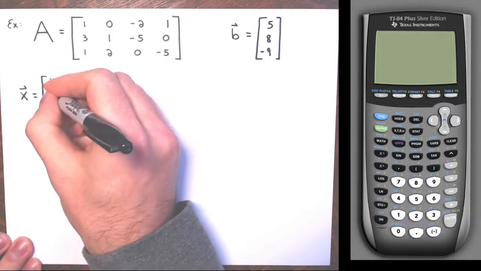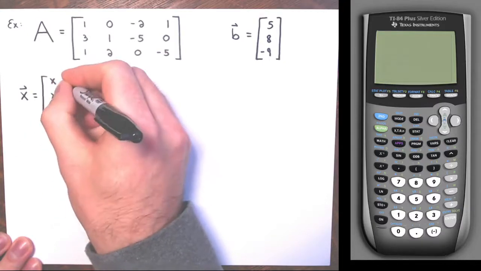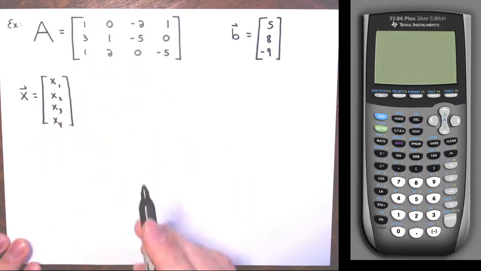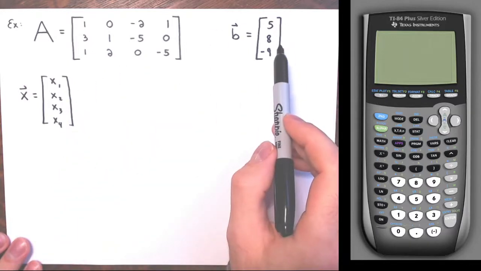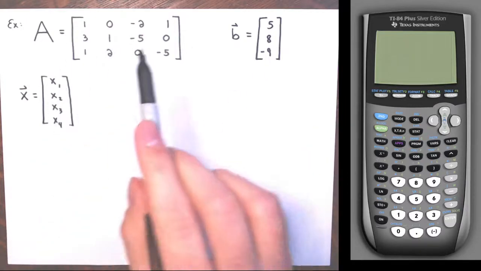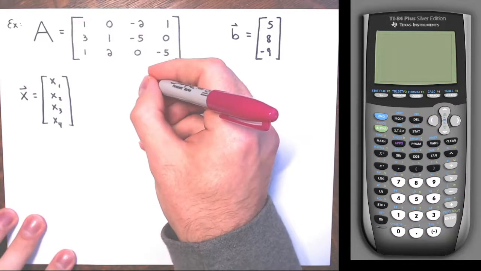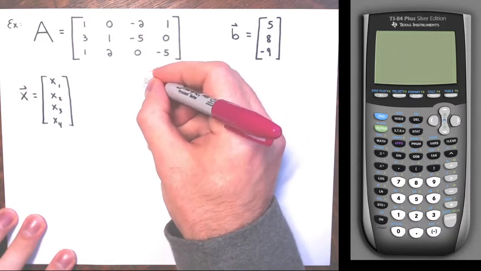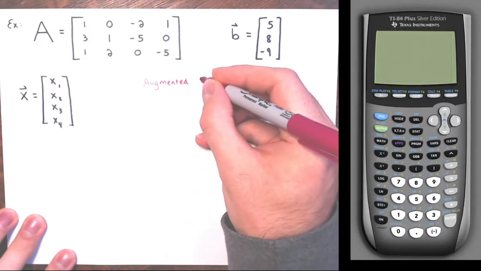The variable column vector, so a 3 by 4 times a 4 by 1 will be a 3 by 1, right? 3 by 4 times a 4 by 1 will be a 3 by 1. All right, so I'm going to make my augmented matrix and put it into reduced row echelon form.